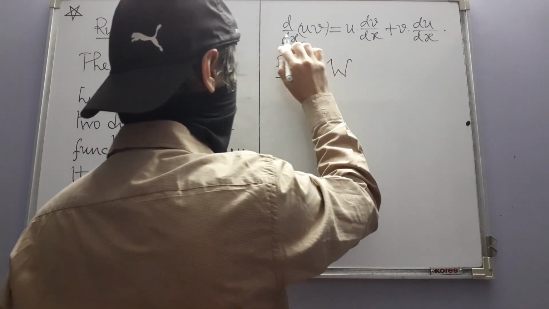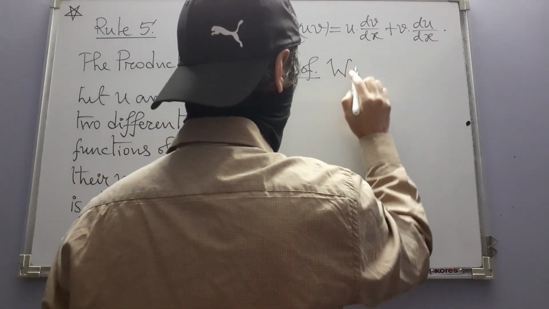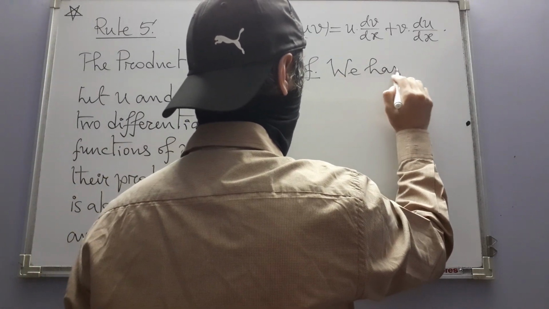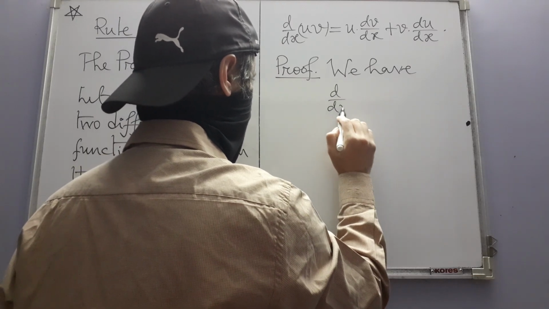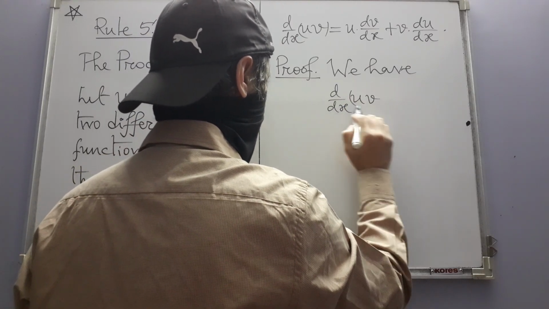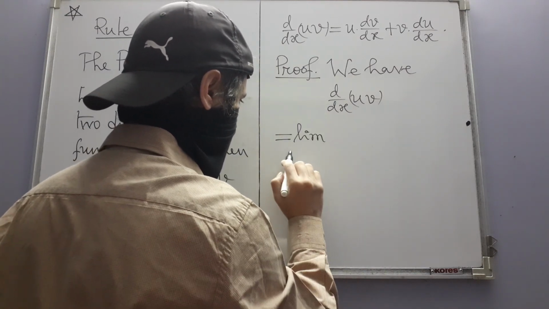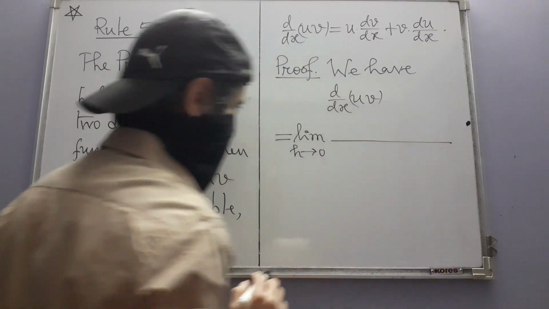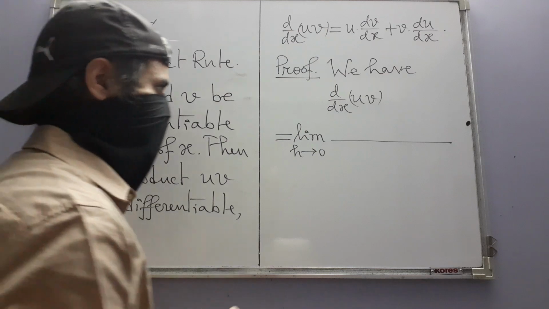We straight away start with this expression. This expression means this derivative, which by definition is a limit, you already know. So this is going to be the difference quotient for the function uv and the limit of that difference quotient.